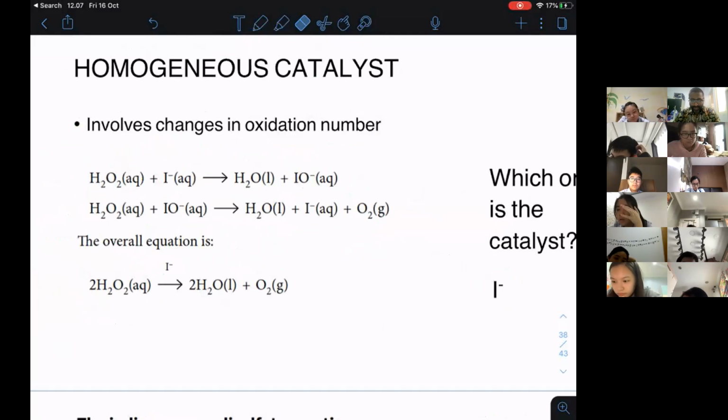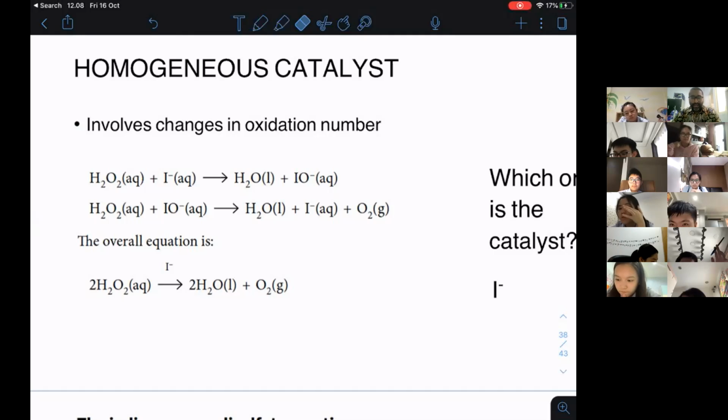Why not IO minus? Why I minus? Is it because it loses the oxidation number? Actually, that is the explanation.